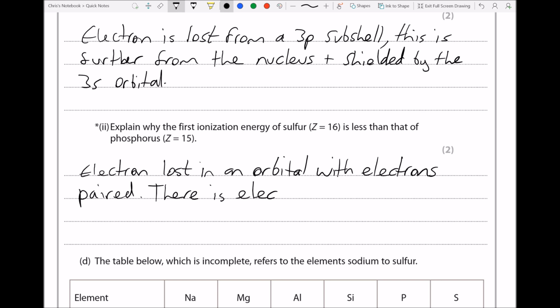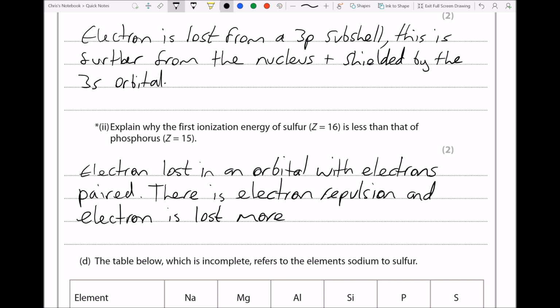So there is electron repulsion, and the electron is lost more easily. Right, really important. 2 marks there. We're saying the electron is lost in an orbital with electrons paired, 1 mark. And then the electron repulsion, that's really important. The electron is lost more easily. So that's why we have 2 marks there.